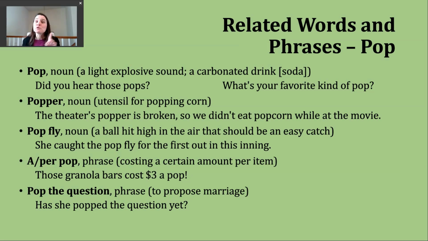A second way you might hear this noun used is a way to refer to a carbonated drink. Okay? So in the United States, different regions, different areas of the country will refer to carbonated drinks differently. I grew up saying soda, so I put that in there. Maybe you're familiar with that.